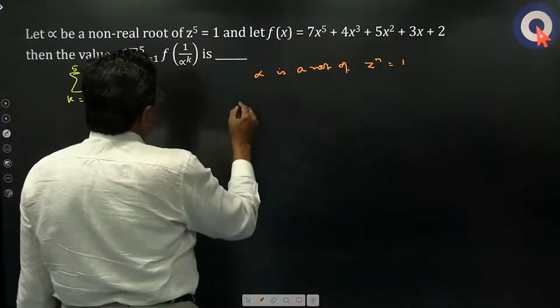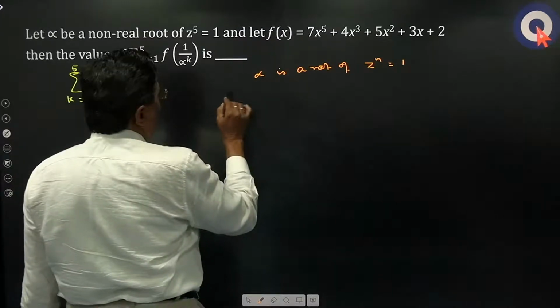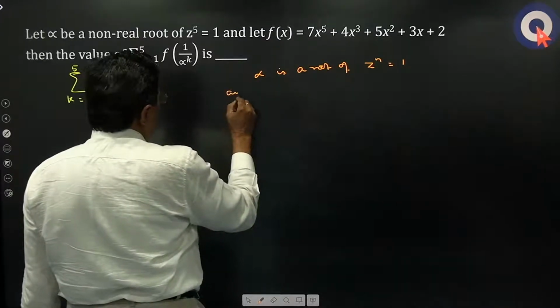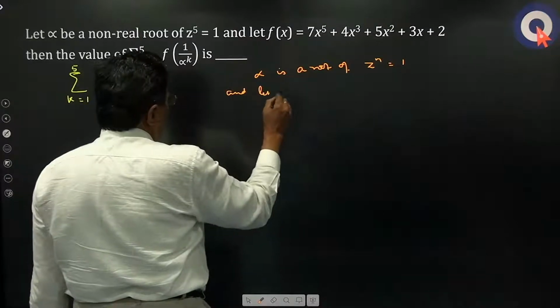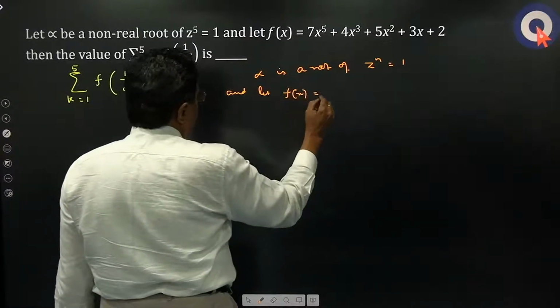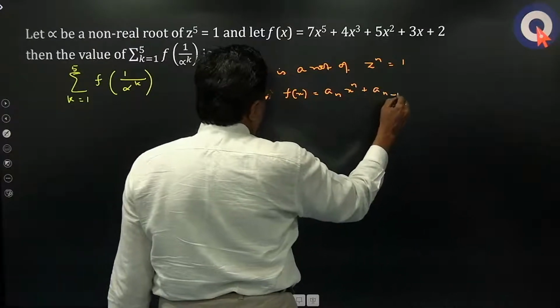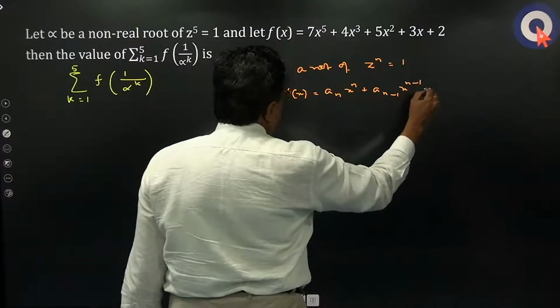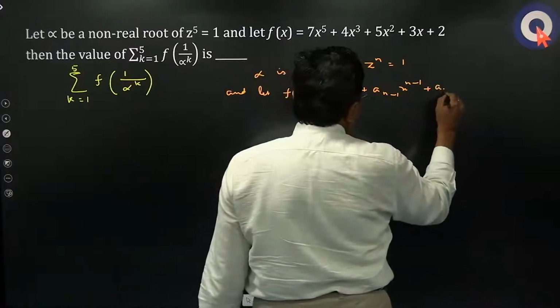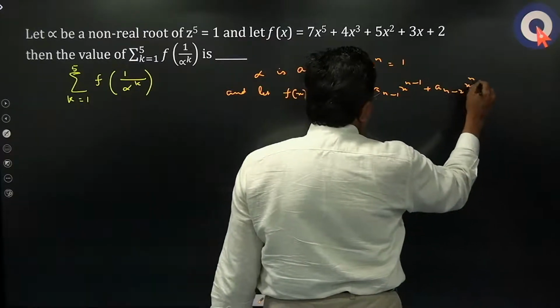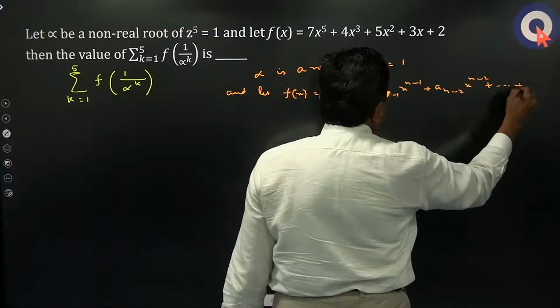And let us say we are given a polynomial, and let f(x) is equal to a n x power n plus a n minus 1 x power n minus 1 plus a n minus 2 x power n minus 2 and so on plus a naught.